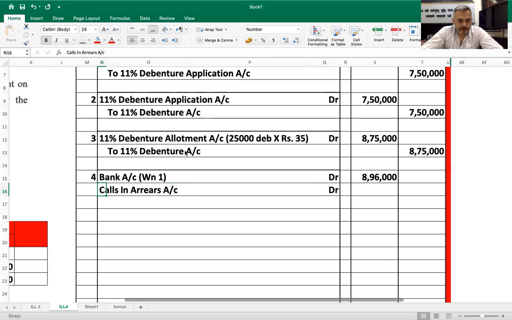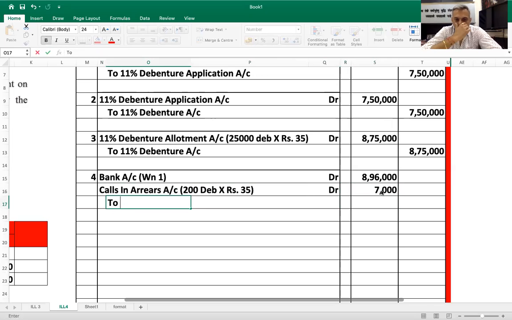Now here if you want you can write in the bracket as well: 200 debentures into rupees 35, 7,000, to 11% debenture allotment account, 8,75,000.